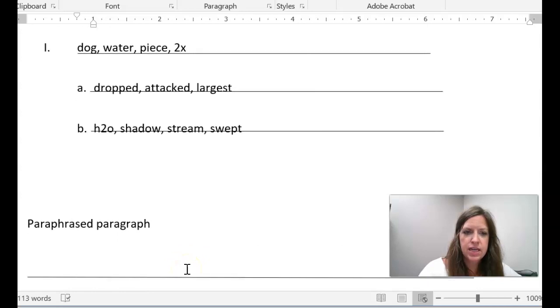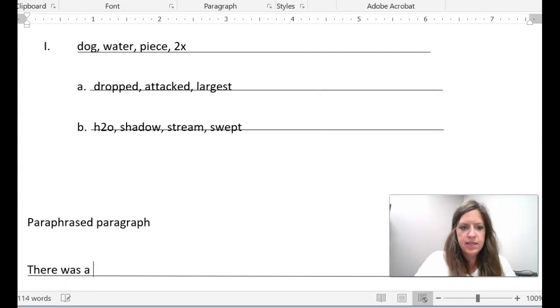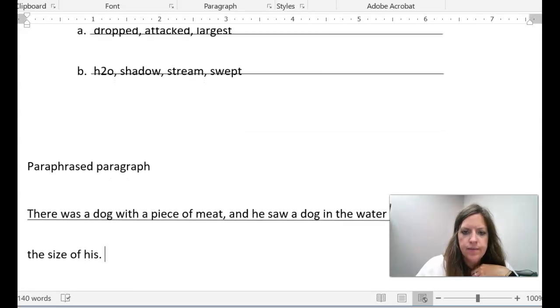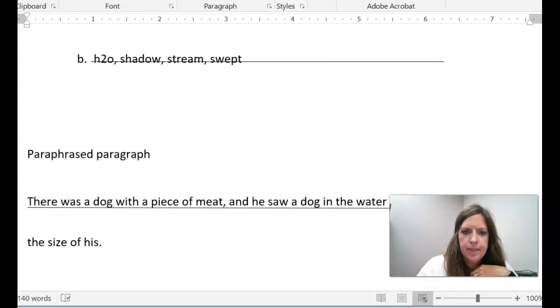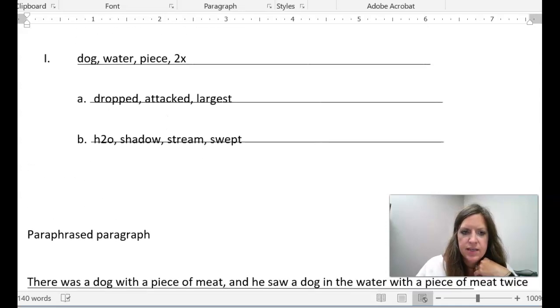Okay, so our first sentence, we said dog, water, piece, 2 times. There was a dog with a piece of meat, and he saw a dog in the water with a piece of meat twice the size of his.